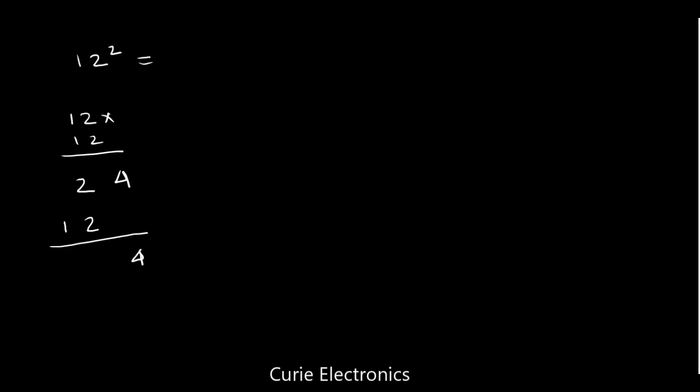Basic multiplication. So you'll get 144. So you have to multiply like this to get the square of a number. So 12 square equal to 144.